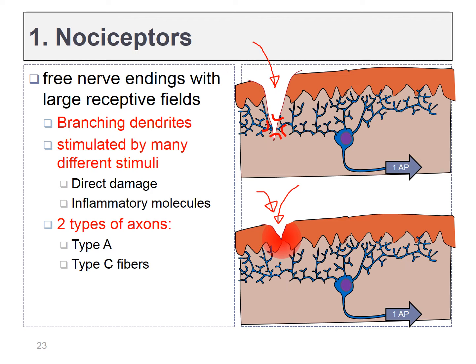So these inflammatory molecules behave like neurotransmitters, binding to receptor proteins, triggering graded potentials, and if those graded potentials are strong enough to bring the axon hillock to threshold, this neuron fires an action potential, and it gets sent to the brain, and the brain probably perceives this as pain.